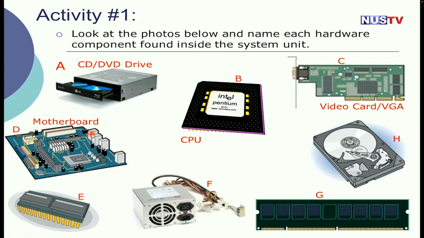D is your motherboard. E is ROM or read-only memory. F is the power supply. G is RAM or random access memory. And H is your hard disk drive.